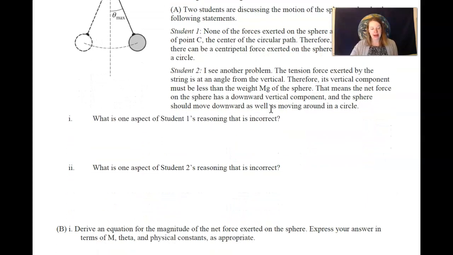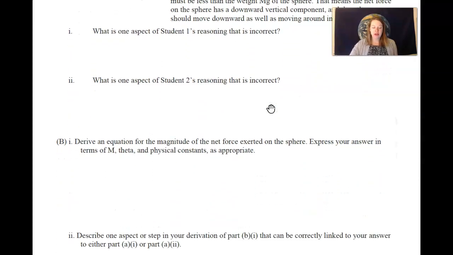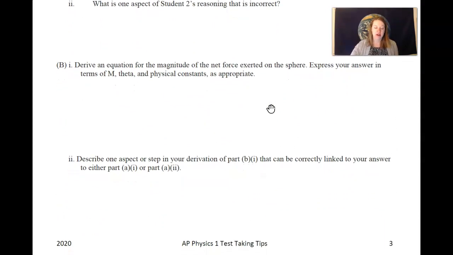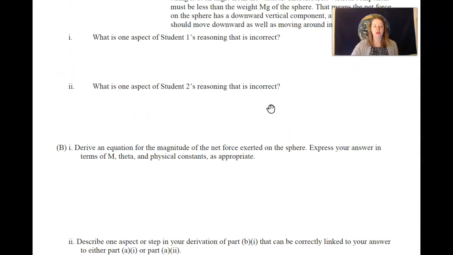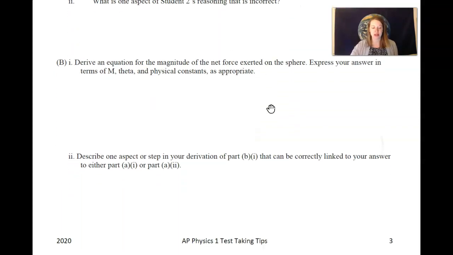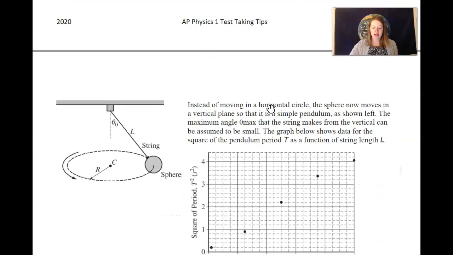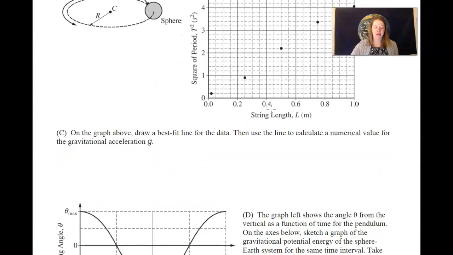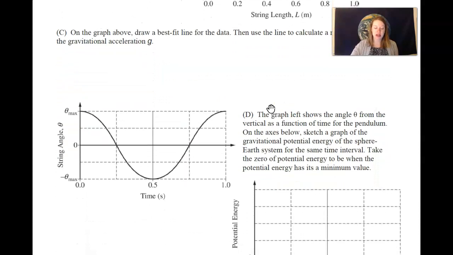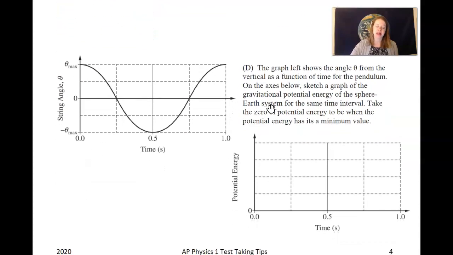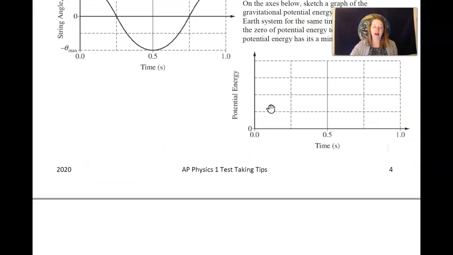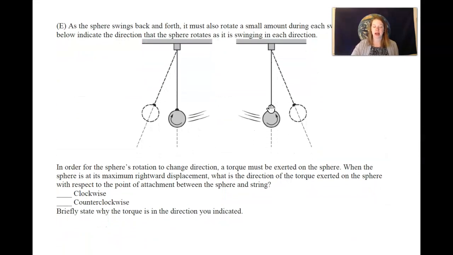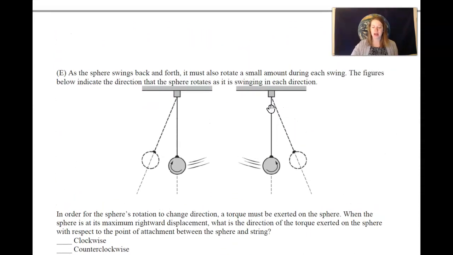It has you derive equations, describe one aspect of your derivation that's linked to what you said above about the student's reasoning, evaluate a graph the student made and determine the gravitational acceleration, think about the potential energy and sketch that in a graph, as well as think about the torque and the direction of the torque and explain the direction of the torque.